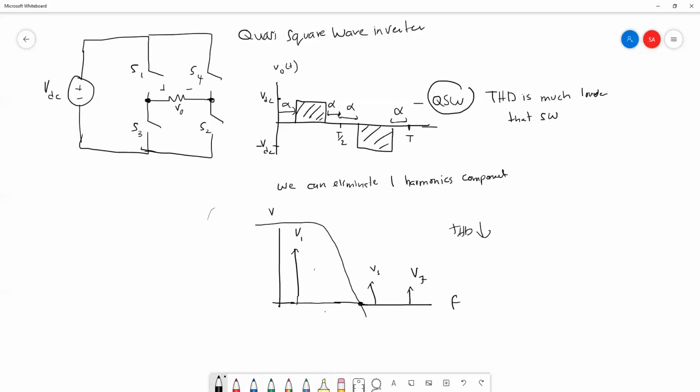So there are two advantages. The first one, we eliminate the harmonic, meaning that the THD is lower, and the second one is that the low pass filter design is much easier.